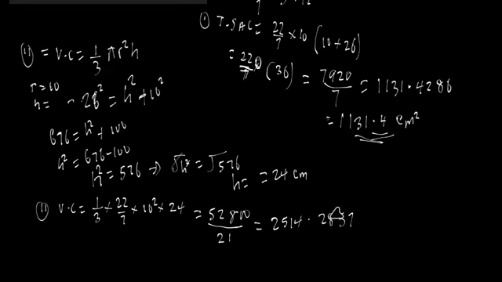So we have to stop at the 2nd decimal place, at this 8. The next number is 5, which is rounded up, and 1 plus this 8 gives us 9.